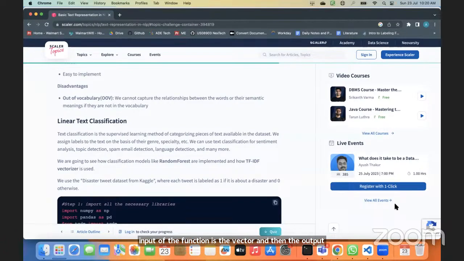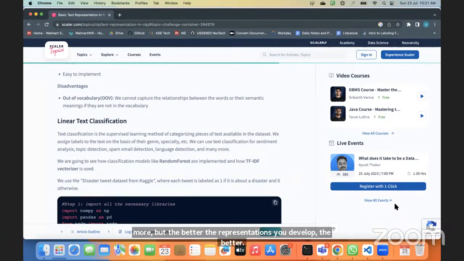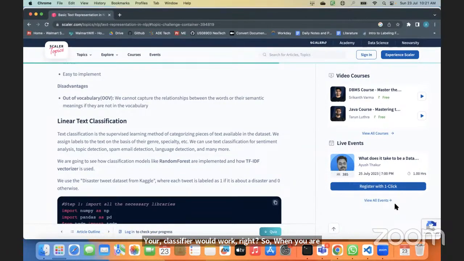In this case, I think they asked you to train a random forest, so you would train your classifier on these vector representations to predict whether a given sentence is spam or not. So the better the representations you develop, the better your classifier would work. One thing you also have to remember is what more we can do to increase the quality of the representation. As I said, you need to remove stop words.